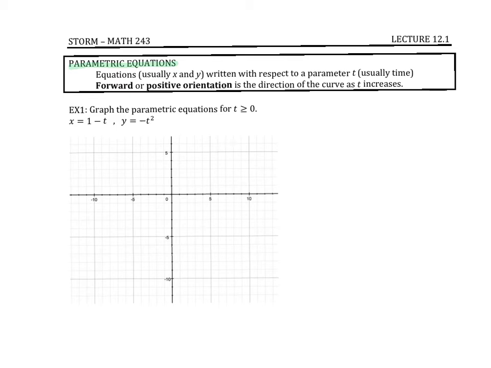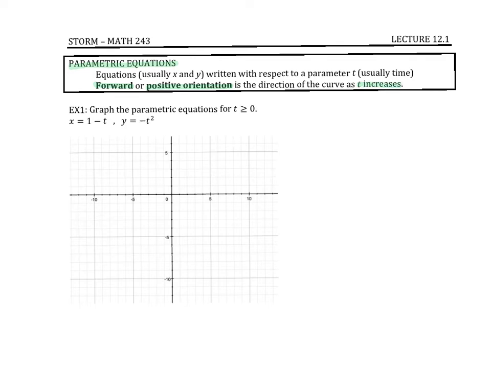What this is useful for is to find the position of an object at any time t. So when we talk about the way a curve is generated, that is what we call forward or positive orientation. So again, it's the direction that the curve is generated as t increases.